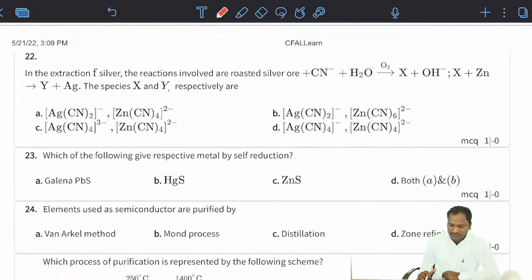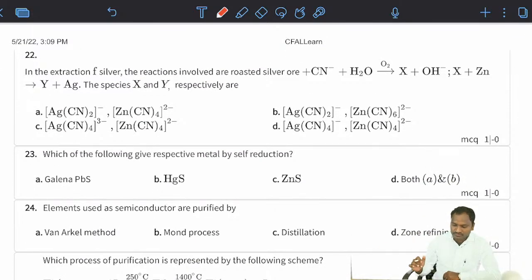Next one, this is leaching process, students. Silver ore plus cyanide in aqueous medium in the presence of oxygen gives X. X on reaction with zinc forms Y. They are asking X and Y. Silver can form a bi-coordinated complex with cyanide, students, [Ag(CN)2]-.